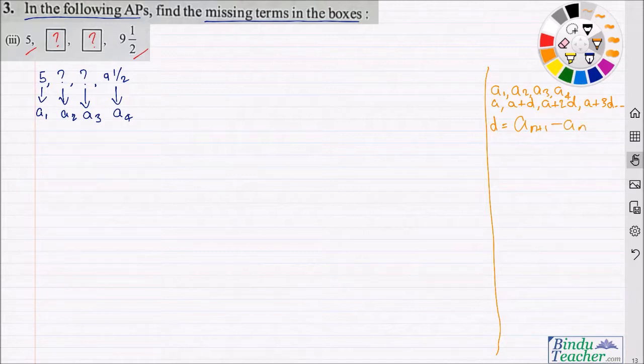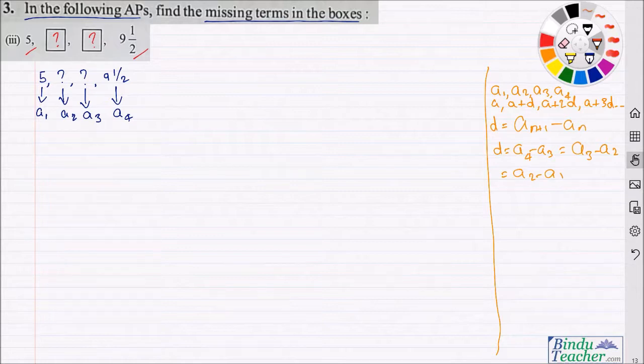Which means D equals, for example, A4 minus A3. This value will also be equal to A3 minus A2, and this should also be equal to A2 minus A1.